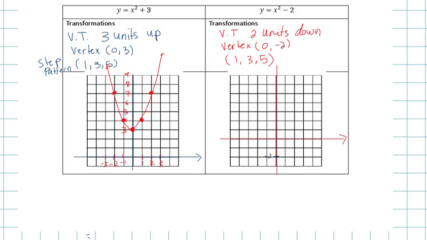Then I have to go up 1 over 1. Then from that point, I have to go up 3 over 1. And I can go up 5. Let's see, 1, 2, 3, 4, 5.